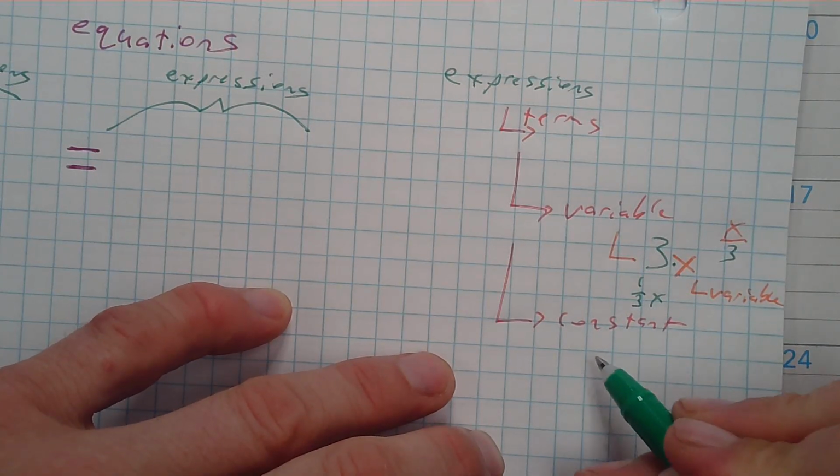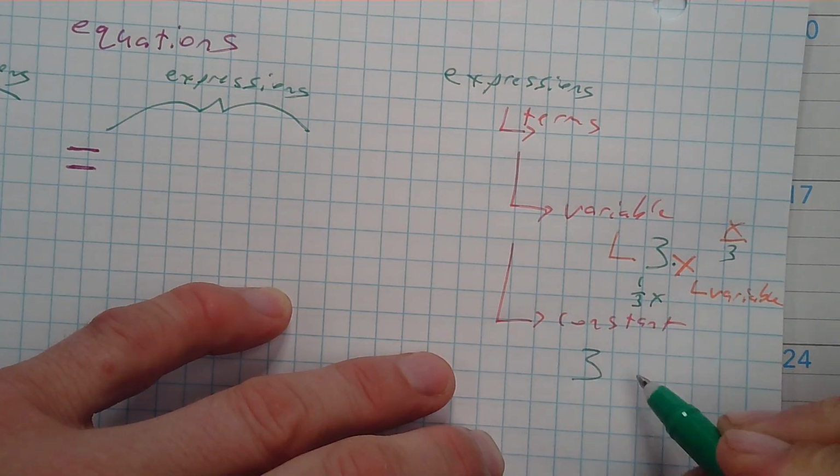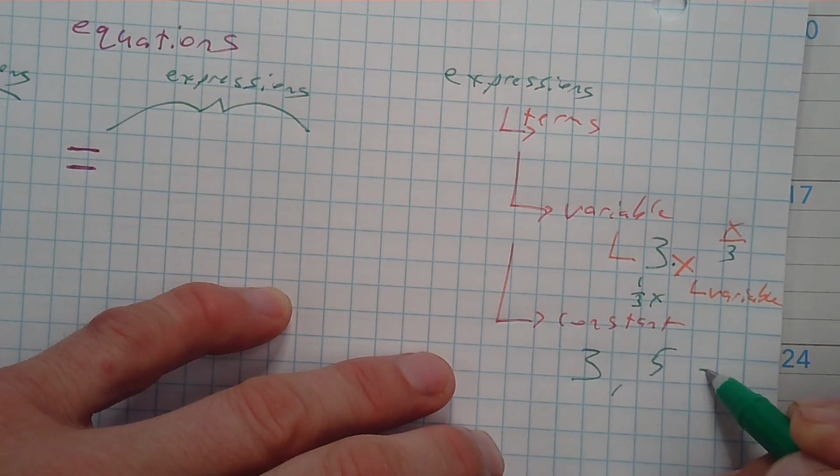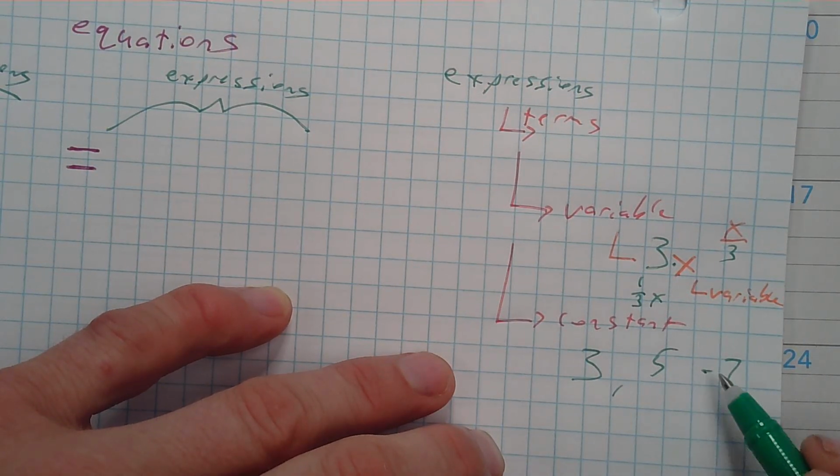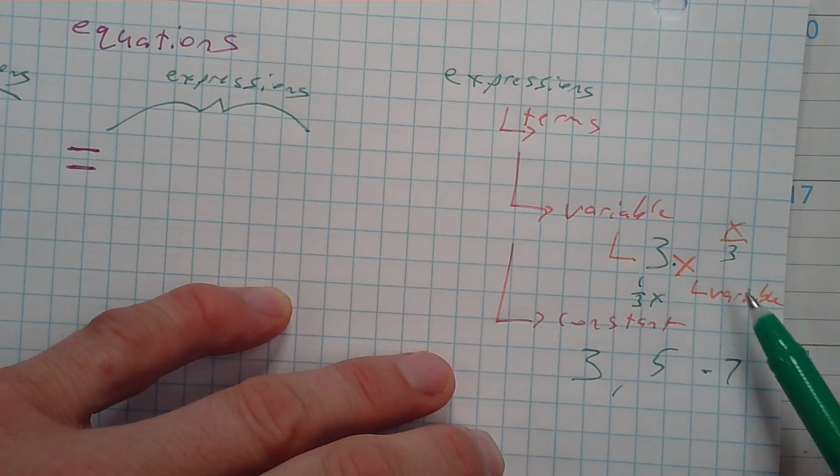A constant is something as easy as 3 or 5 or -7. Those are the constant terms, and they're added or subtracted to the variable term.